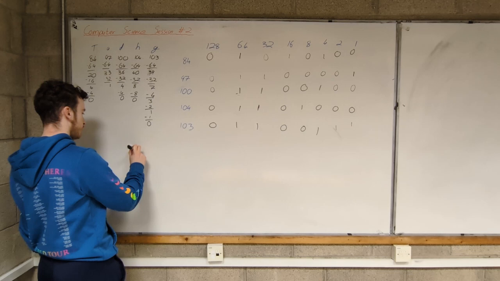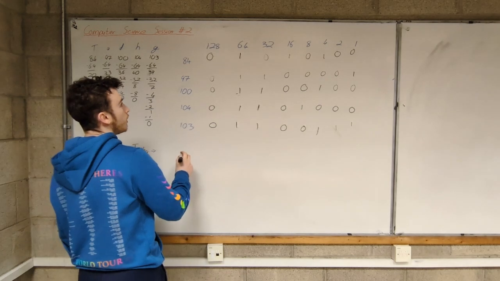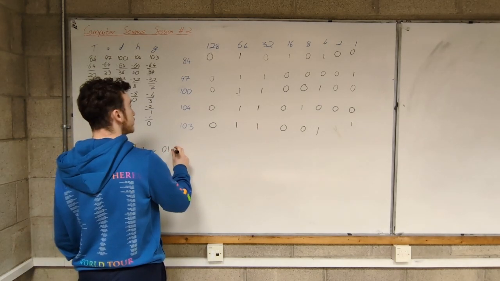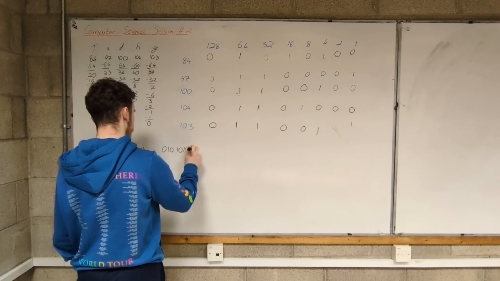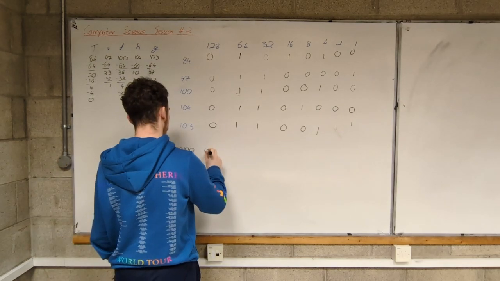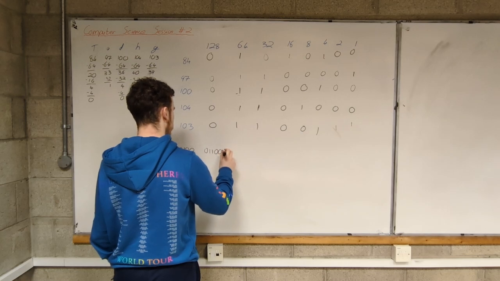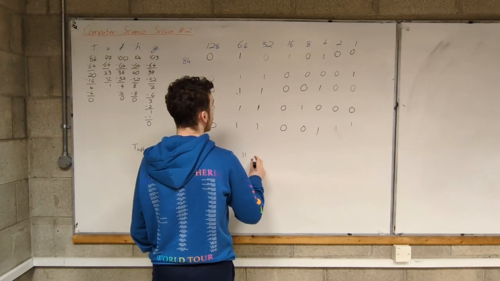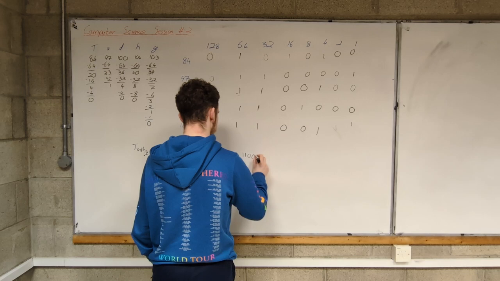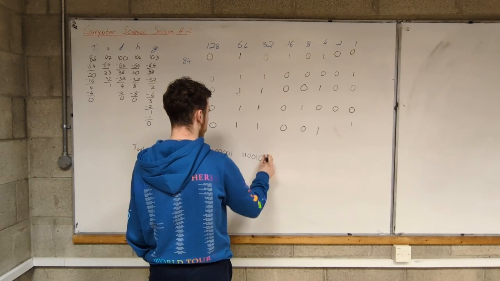So, from that, my name in binary, TADHG, will be 0, 1, 0, 1, 0, 1, 0, 0, 0, 1, 1, 0, 1, 1, 1, 0, 0, 1, 1, 1, 0, 0, 1, 0, 0.